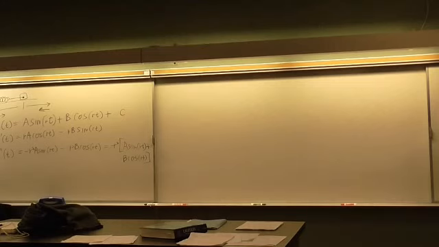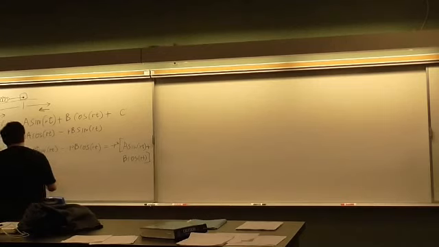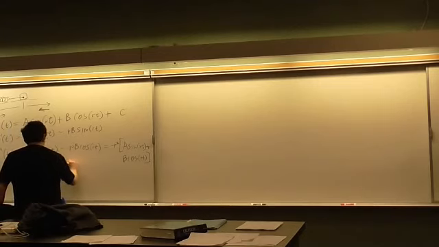And we want the second derivative to equal minus k over m times the original function. So how do I get that to work? If I set negative k over m equal to negative r squared, I'm going to get that r is the square root of k over m.